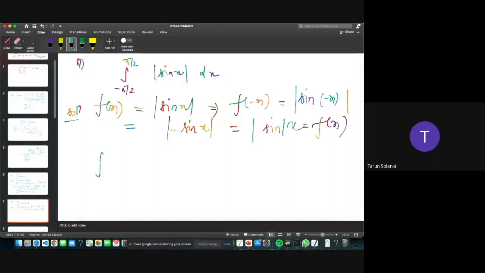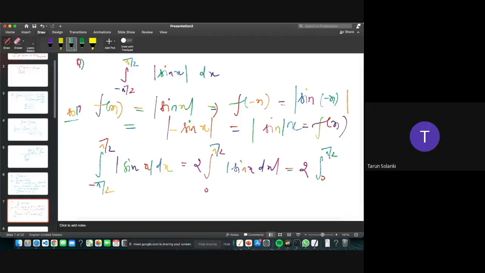So the integral from minus pi by 2 to pi by 2 of mod of sin x dx is equal to 2 times the integral from 0 to pi by 2 of mod of sin x dx. So it becomes 2 times the integral from 0 to pi by 2 of sin x dx, right?